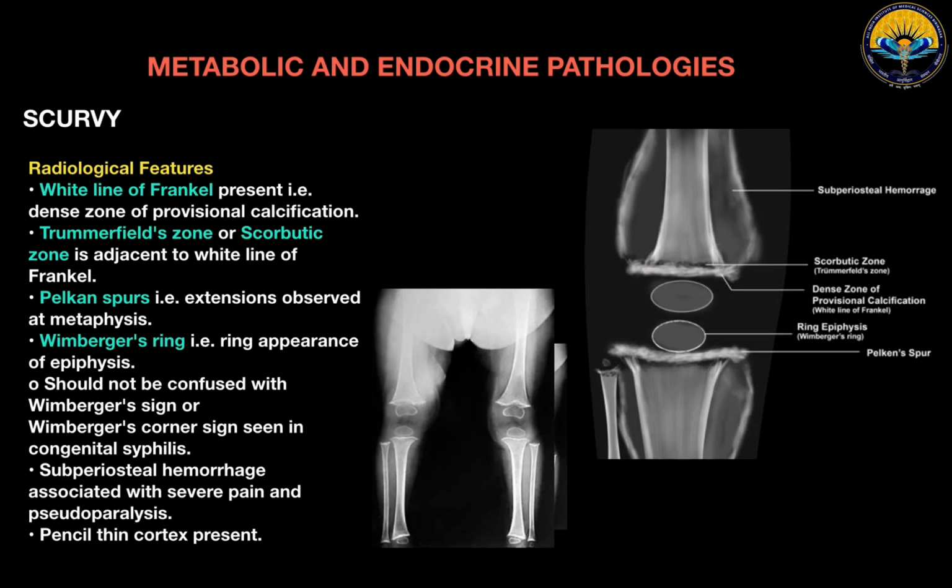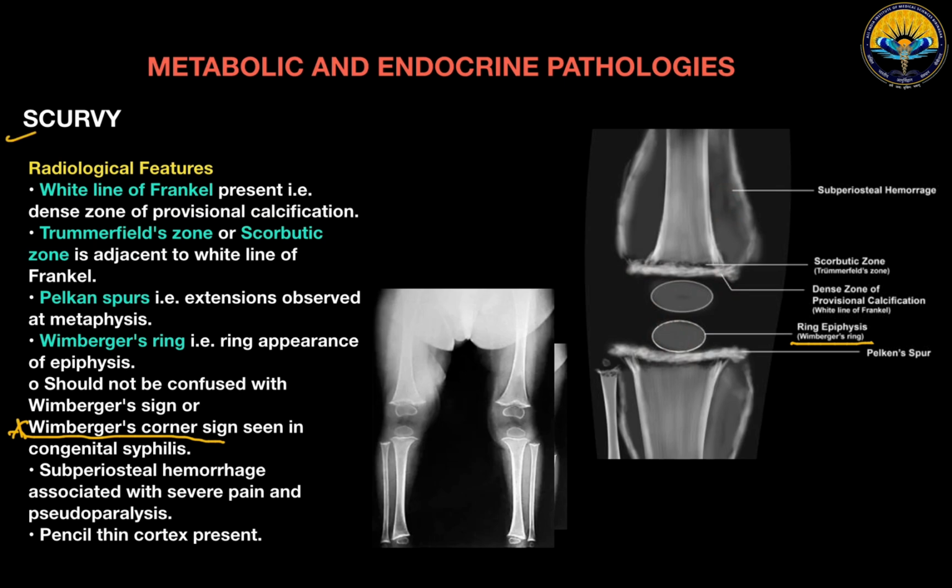And just look over here. Here we have the ring epiphysis, which is called Wimberger's sign. Don't confuse Wimberger's sign with Wimberger's corner sign. Wimberger's corner sign is seen in congenital syphilis, while Wimberger's sign, that is the ring appearance of the epiphysis, is seen in scurvy. Then look over here.